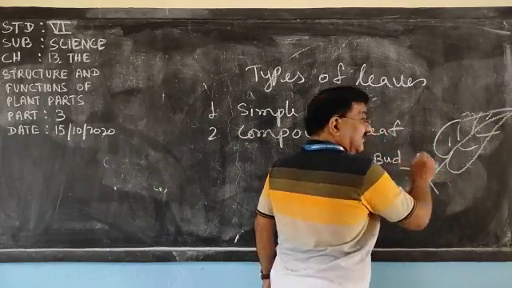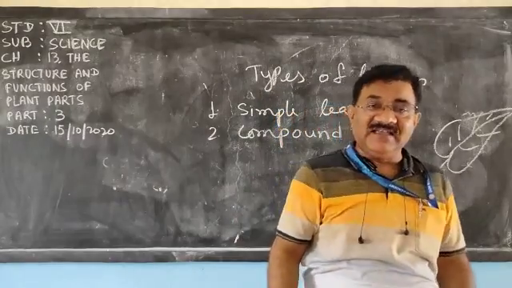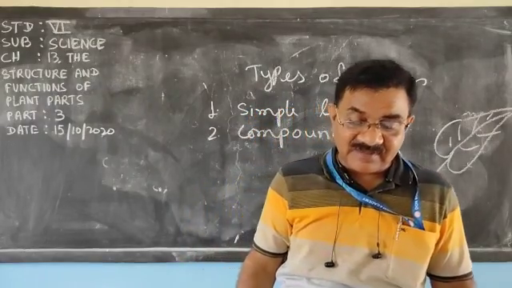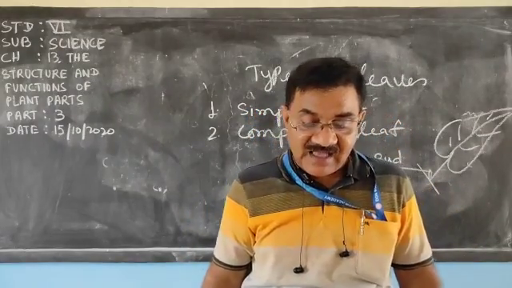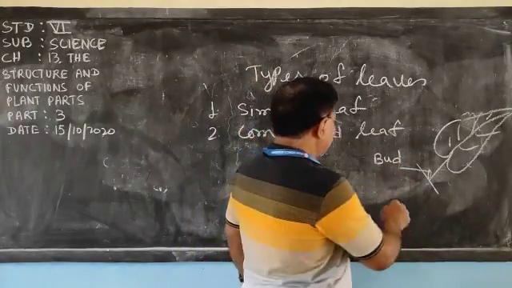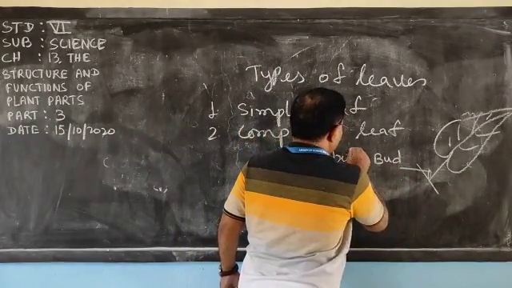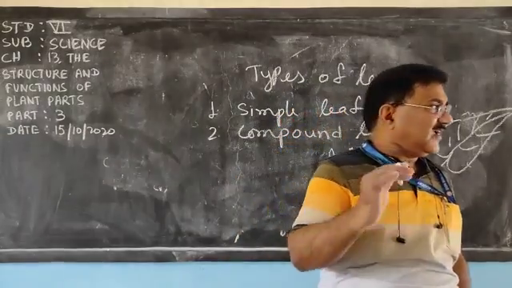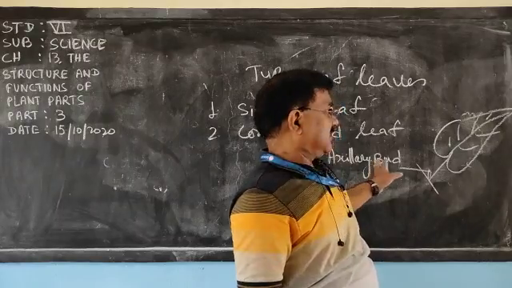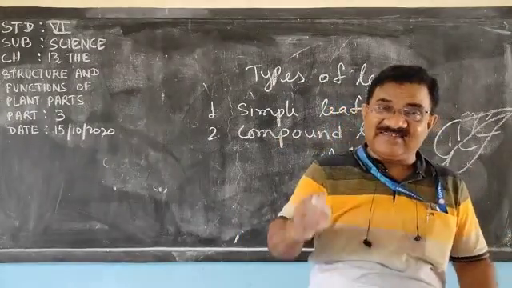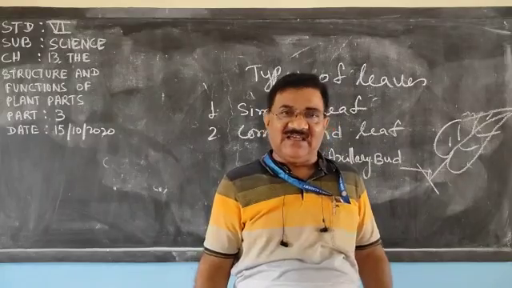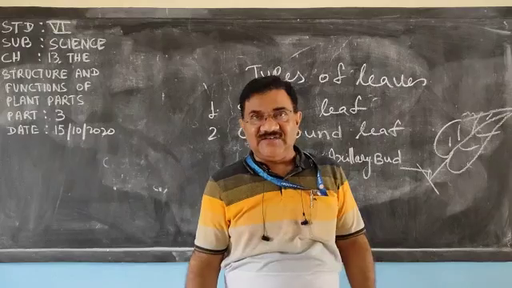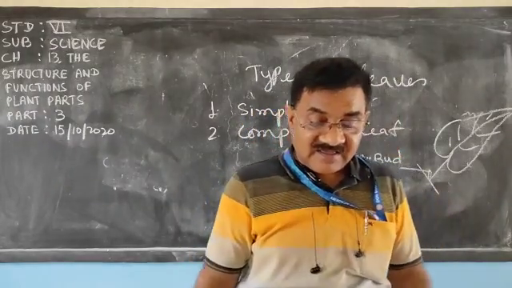Once more, undivided lamina and axillary bud. This bud is axillary because it is present in the axil. If the axillary bud is there on the axil of the leaf and the entire lamina is present, then such type of leaf is called a simple leaf.